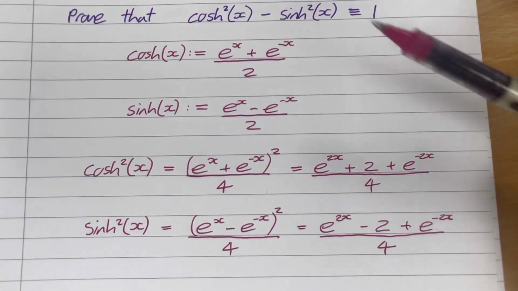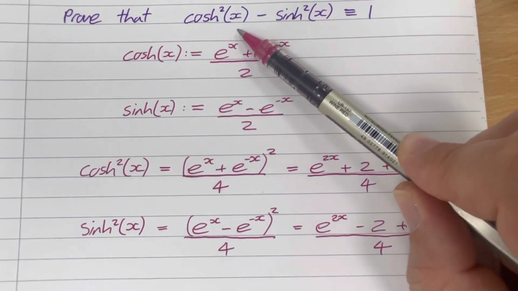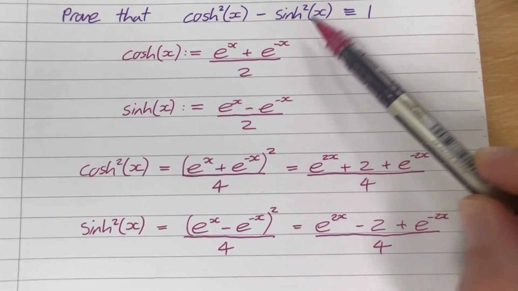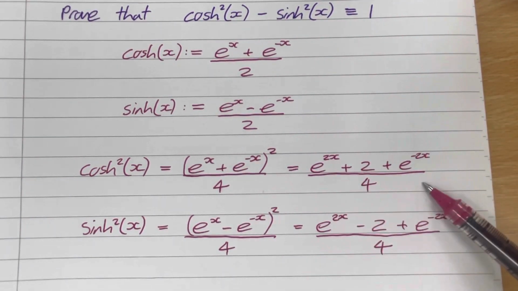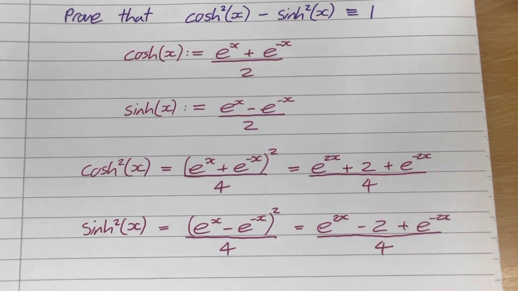And now look at the original identity. We want to take the cosh squared of x and subtract the sinh squared of x. We're going to take this expression and we're going to subtract this expression.